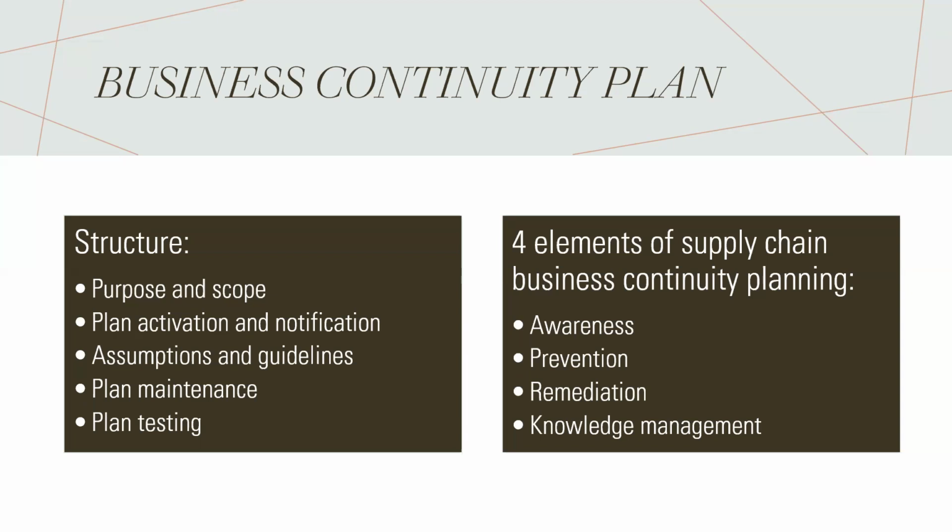There is another recommendation about the four elements of supply chain business continuity planning. This is about planning all the actions of making the plan, not the plan itself. For the planning process, first it comes with awareness. You need to be able to identify different risks in your operating environment, and then we look for prevention measures, like how to prevent the risk from happening.